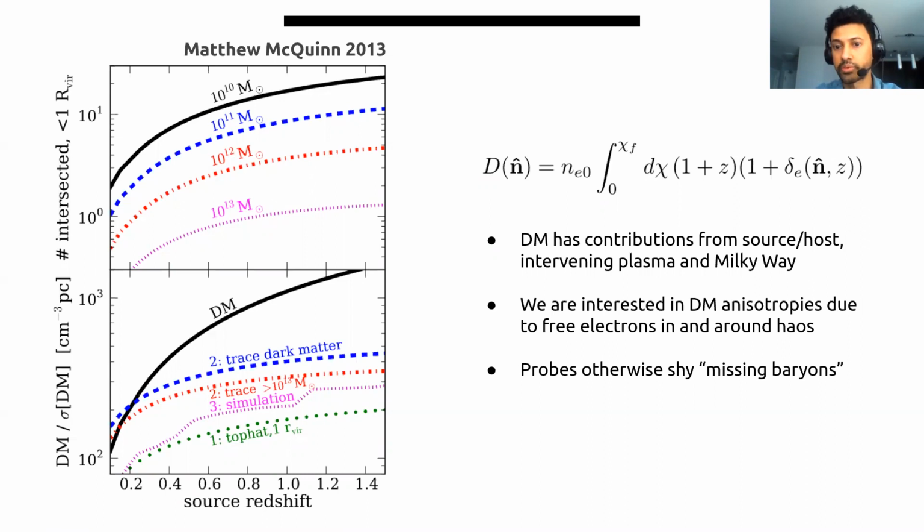And so the essential idea is that the dispersion measure that you measure has contributions not just from the source or host of the FRB itself and the Milky Way, but from the intervening plasma. They're really interested in the anisotropies in that dispersion measure due to the free electrons in and around halos. So this is essentially probing the distribution of free electrons that constitute a large chunk of the missing baryons that people are worried about.